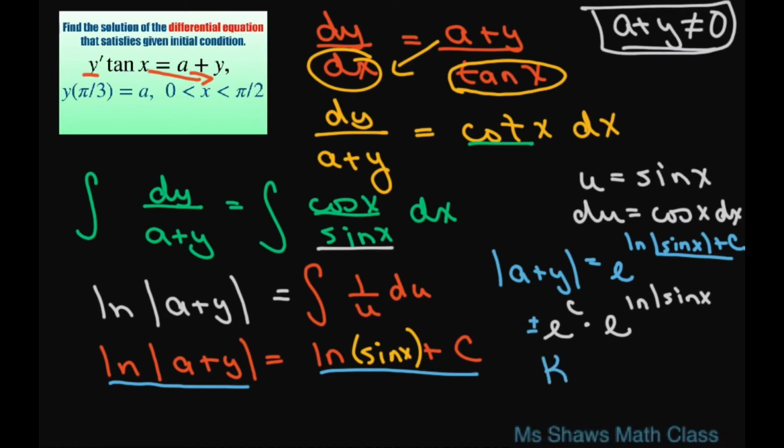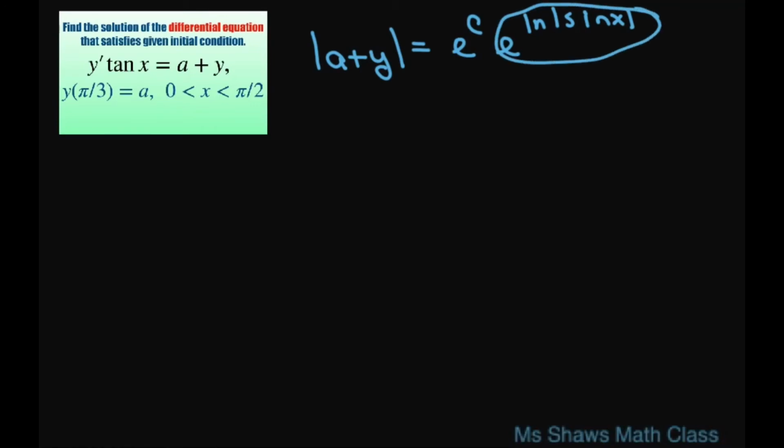I'm going to let k equal this part right here. So we're going to get absolute value of a plus y equals e to the power of c times e to the power of ln of absolute value of sine of x. Now this part right here is just going to be absolute value of sine of x.